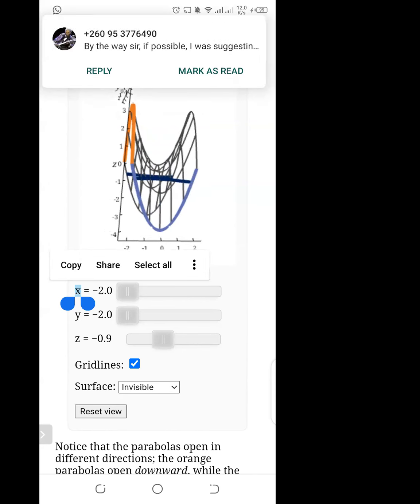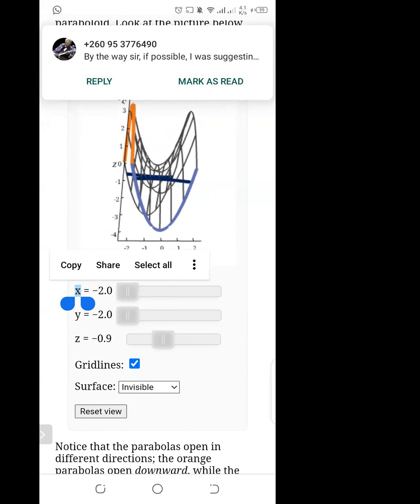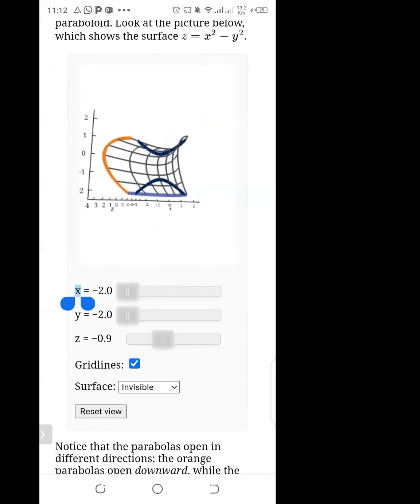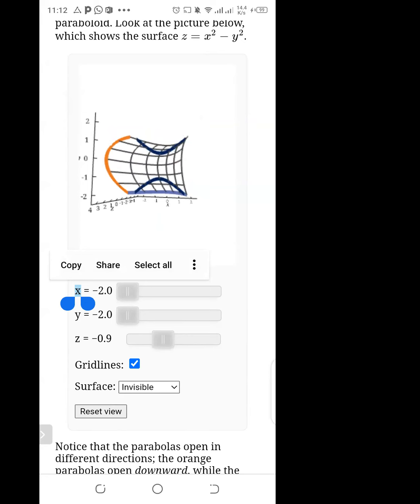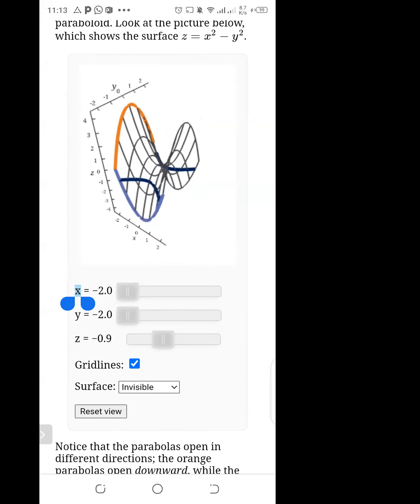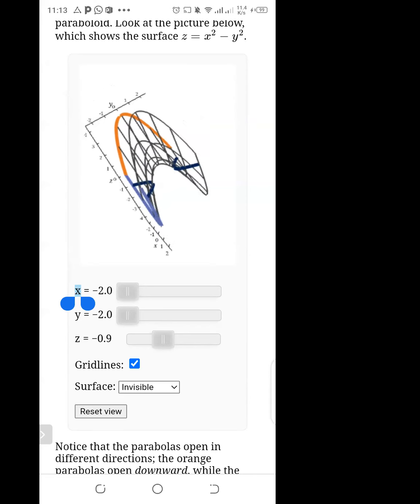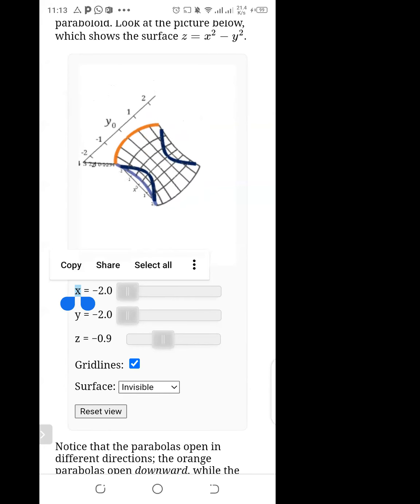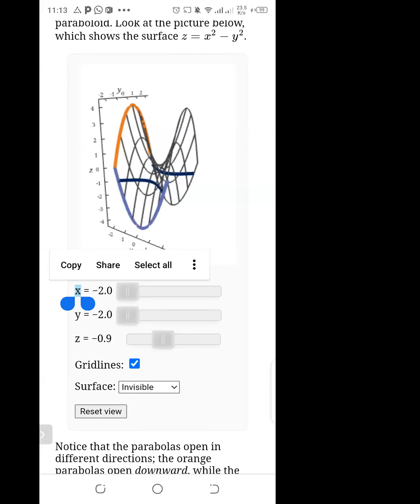I don't know which one you're looking for. I think it was okay the way it was initially. Okay, I think yeah, this is a better view because this is like the horizontal view.